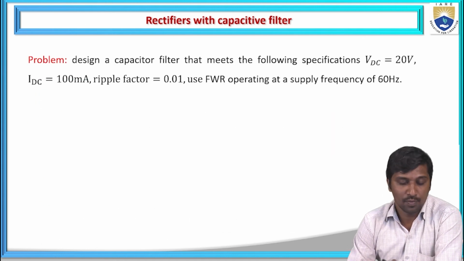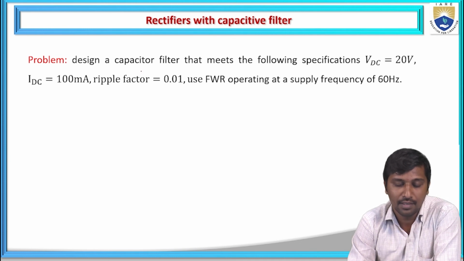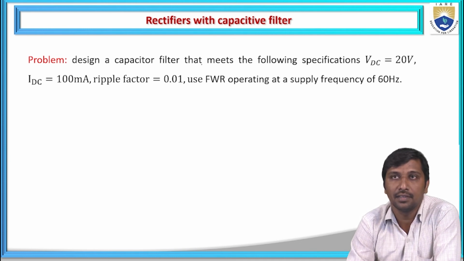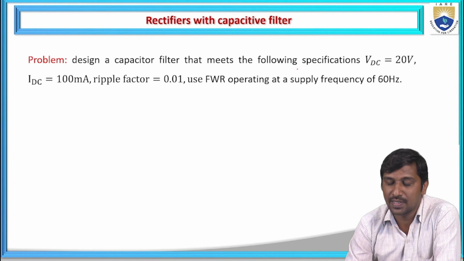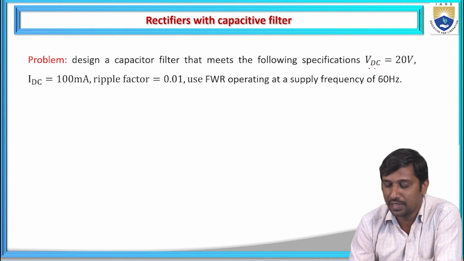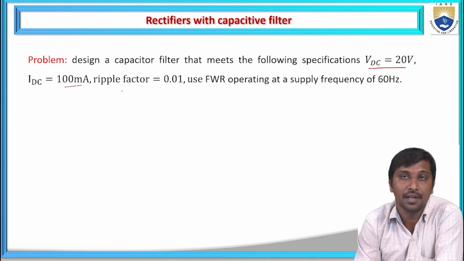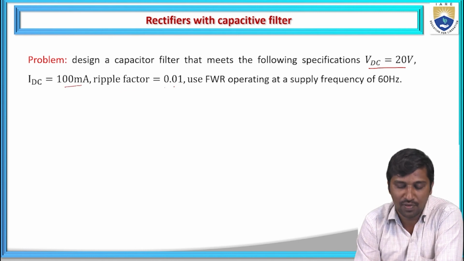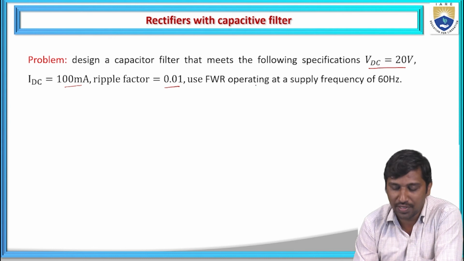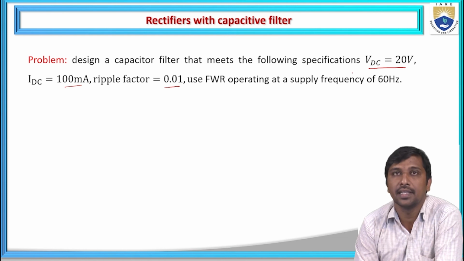Now we'll see another problem. Design a capacitor filter that meets the following specifications: VDC is 20 volts, IDC is 100 milliamperes, ripple factor is 0.01. Use a full wave rectifier operating at a supply frequency of 60 Hz.